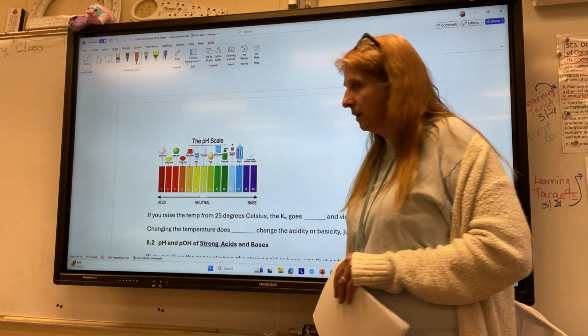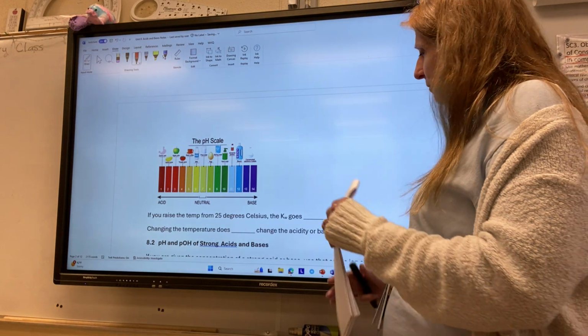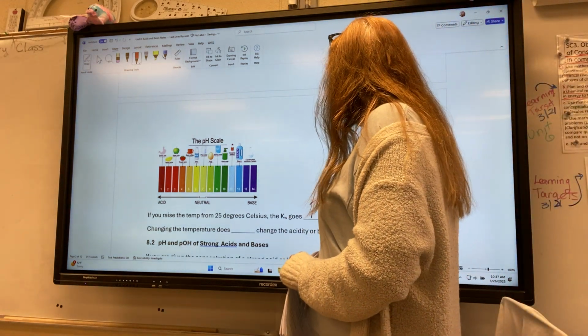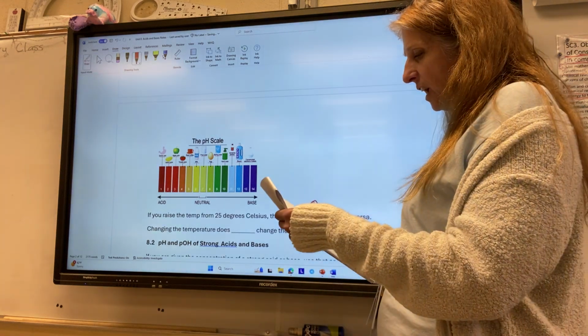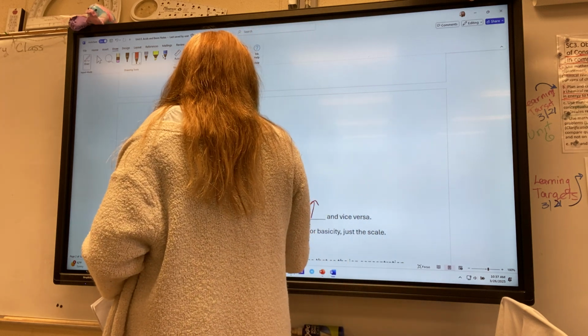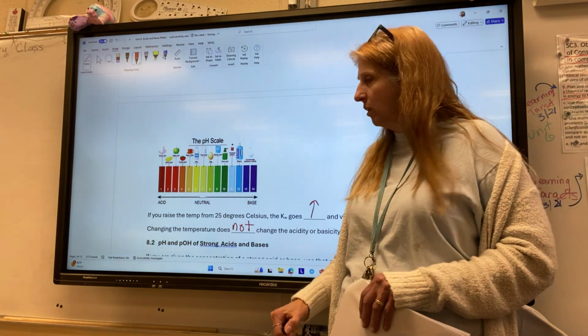Now, if you raise the temperature from 25 degrees Celsius, the Kw goes up, and if you lower it, it goes down. But changing the temperature does not change the acidity or basicity, just the scale.